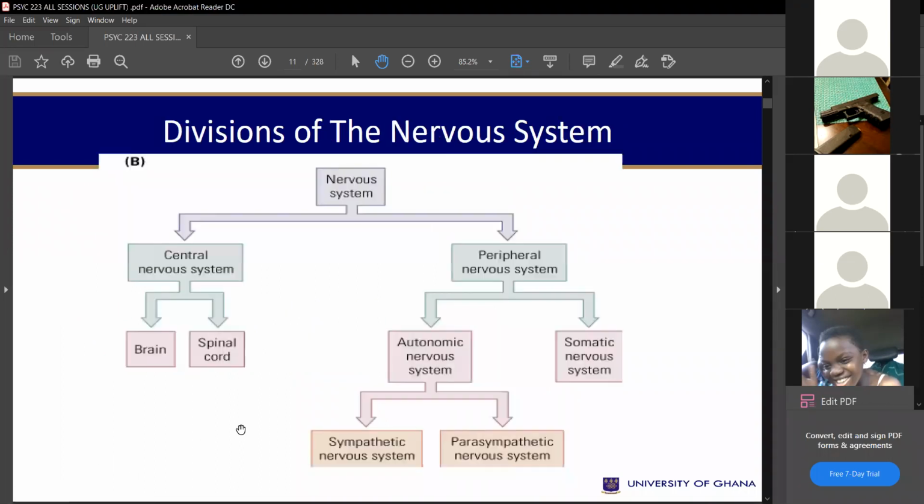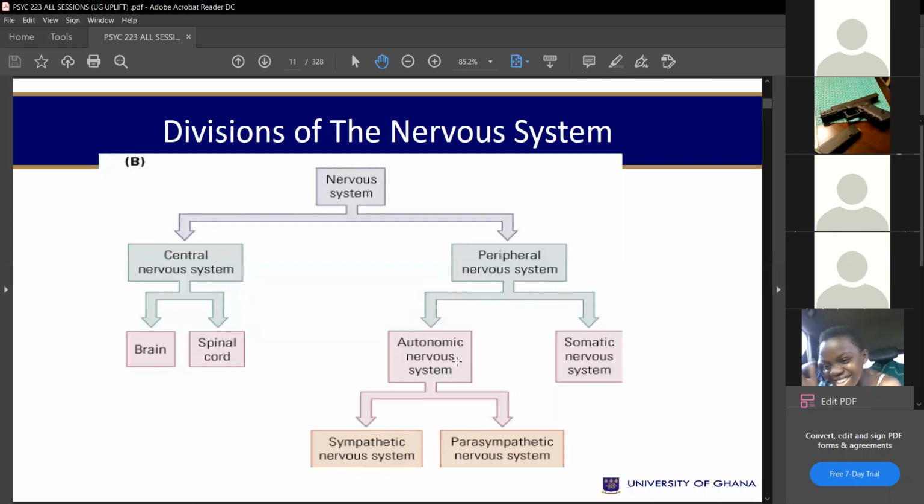So within the nervous system, as I said, this is how it is. I hope all of you can see what I've shared. So you can see we have the nervous system, and after the nervous system, we have the central and the peripheral. Then within the peripheral nervous system, we can also divide it into two.